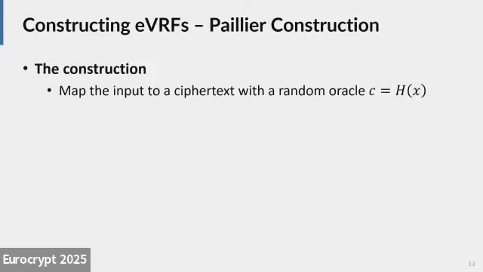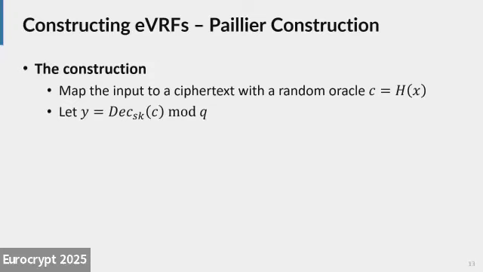So the way this works is we map the message to a ciphertext using a random oracle. I said my constructions are based on random oracle, unfortunately. So we just hash the input to a random value in Zn squared for PIR, and the EVRF secret key is the PIR secret key, so we just decrypt the ciphertext, take mod Q, and this is going to be the pseudorandom value.